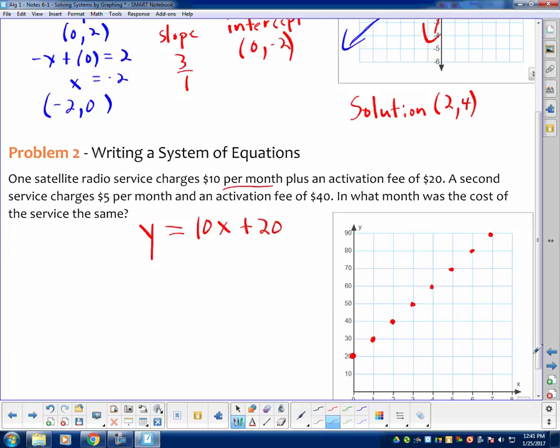So we go up 10 over 1, up 10 over 1, up 10 over 1, starting at $20. So what this is graphing is your cost per month for this particular satellite radio service. So every month you pay $20 up front. The first month you're going to pay 10 more bucks, so you're at $30. This is graphing the total amount of money you pay.